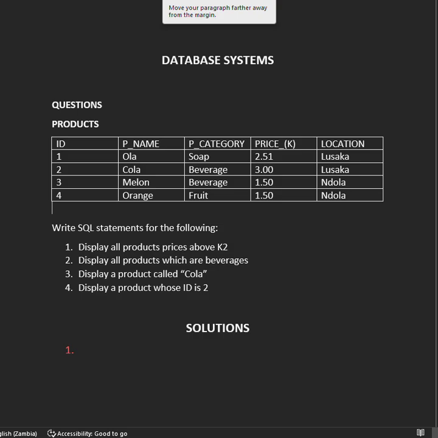The first question says, display all products priced above 2 kwacha.